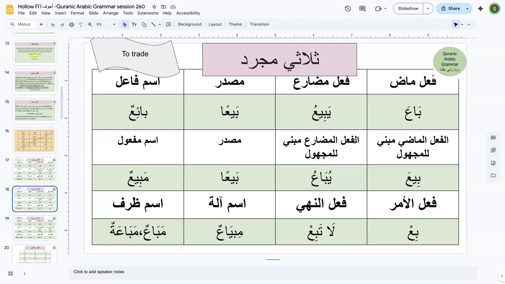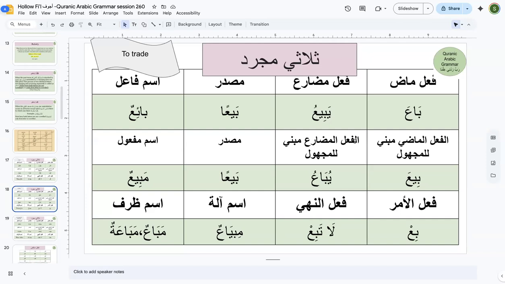The word is coming from the Daraba clan. And in case of yabi'u, you are seeing application of rule number 2, in case of mudari'. In case of bay'an, any rule? No rule applied. Yuba'u, which rule is going to be seen? You are going to find rule number 3, as you're all typing.